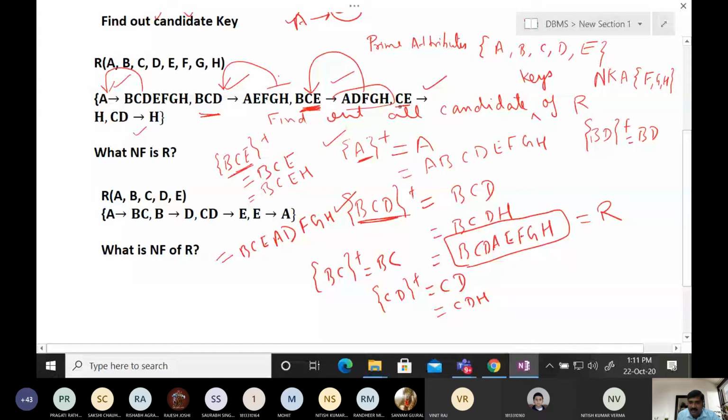Why? Because CE is part of BCE. So there occurs partial functional dependency in this FD set. CE determines H. And again, CD determines H. Here also, so there are two partial functional dependencies in this FD set F.